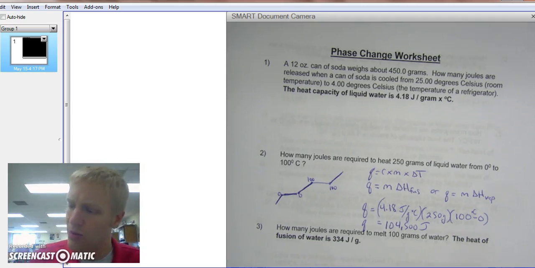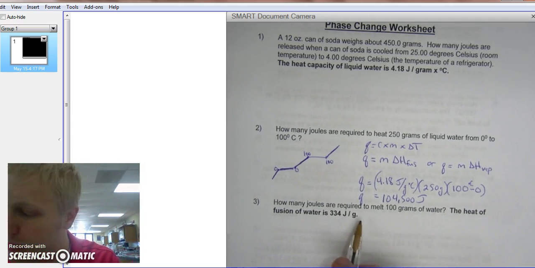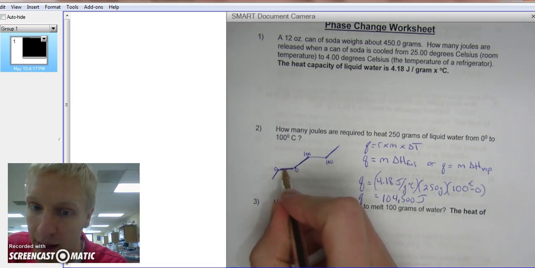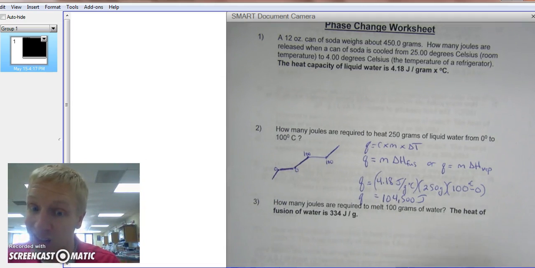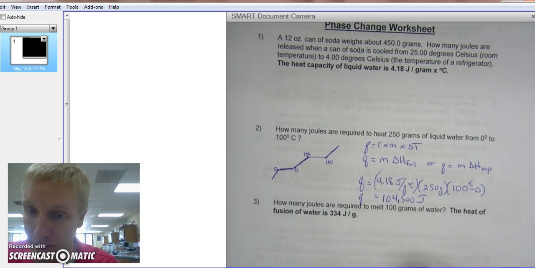That's how you do that one, but how about one that's a little bit different? It says how many joules are required to melt 100 grams of water. So we're melting something, we're right here, and there's just one equation that we're going to do, and that's going to be the mass times heat of fusion.